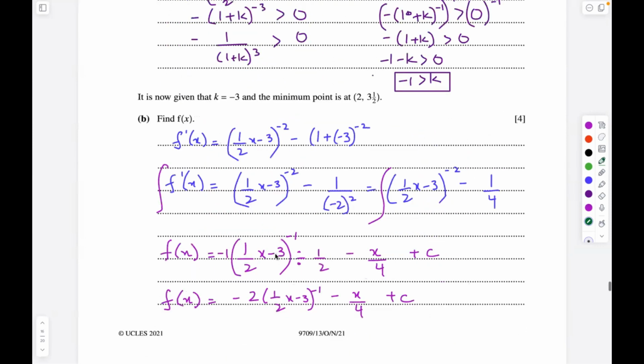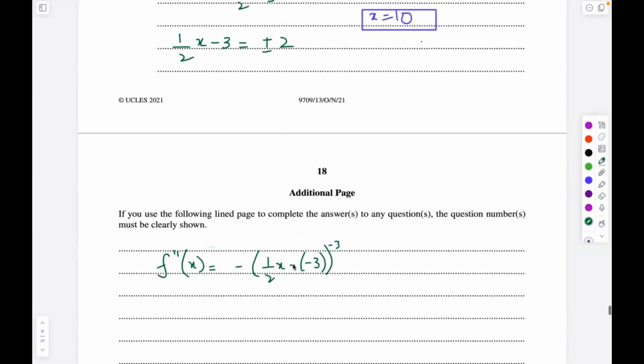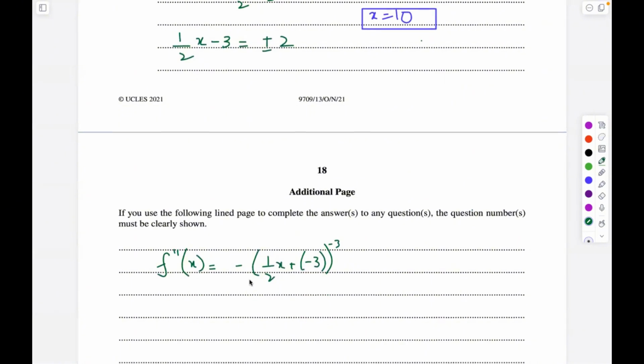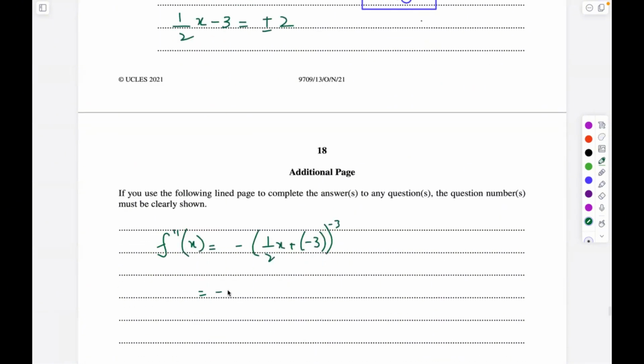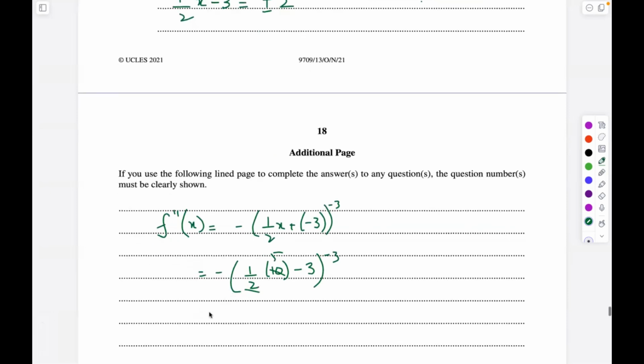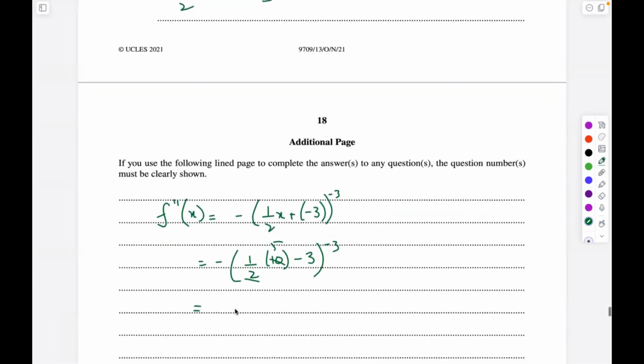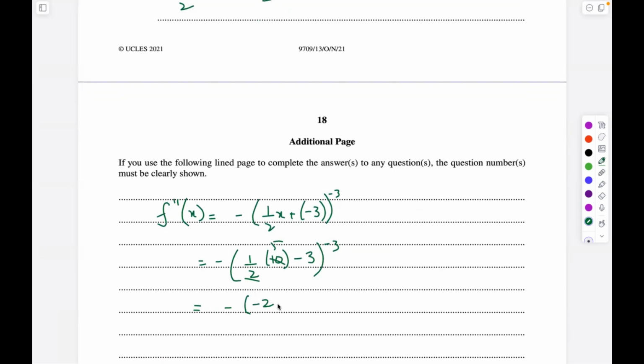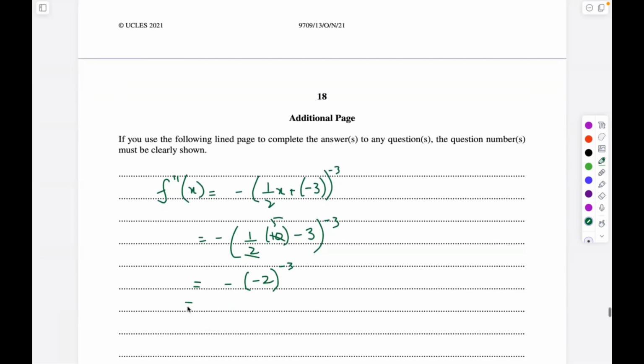So that was a plus k, and the value of x is 10. So we'll get minus 1 upon 2 into 10. This will become a minus 3 to the power minus 3. So this will become 5. 5 minus 3 is minus 2. So minus 2 to the power minus 3. This will become a minus 8 up here.